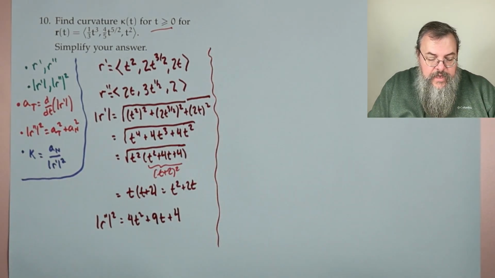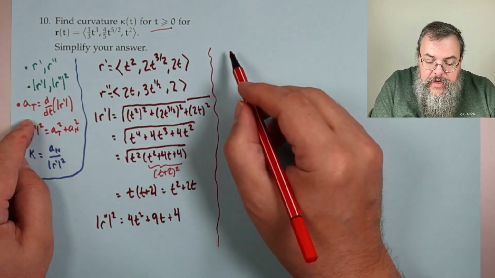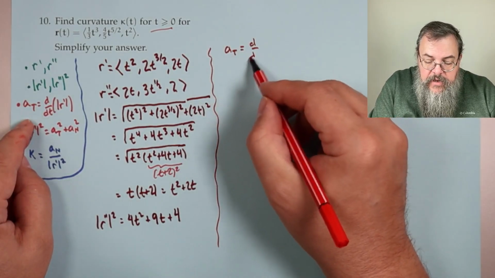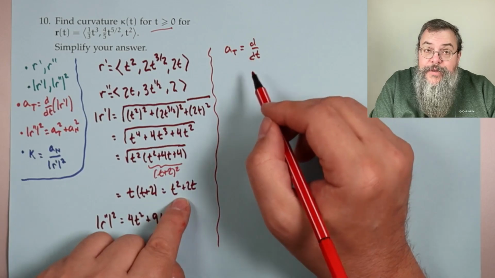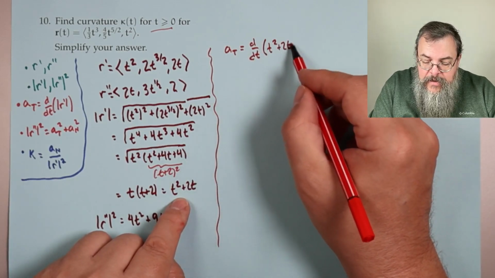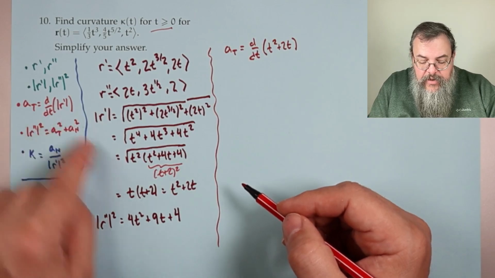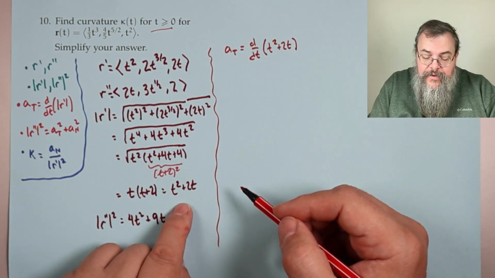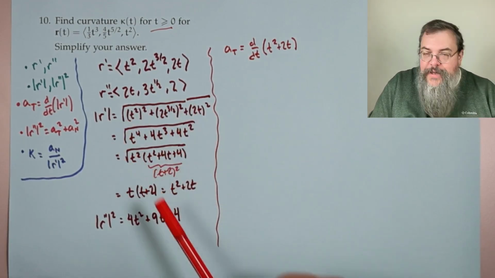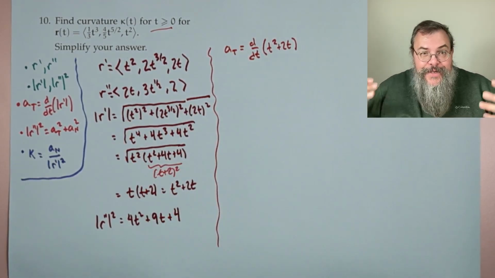So what happens in stage 2? We're going to find our a sub t. Well, that's going to be the derivative of t squared plus 2t, right? Because it's the derivative of magnitude of r prime, and magnitude of r prime is t squared plus 2t. This is, to be honest with you, the hard part. This is where the problem writers spend all their time.